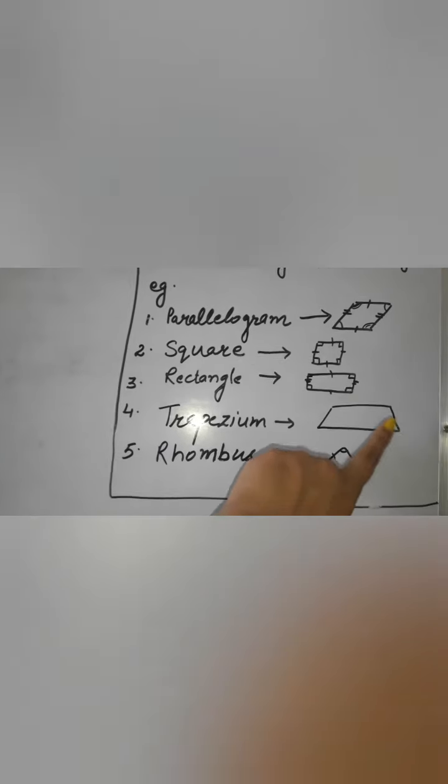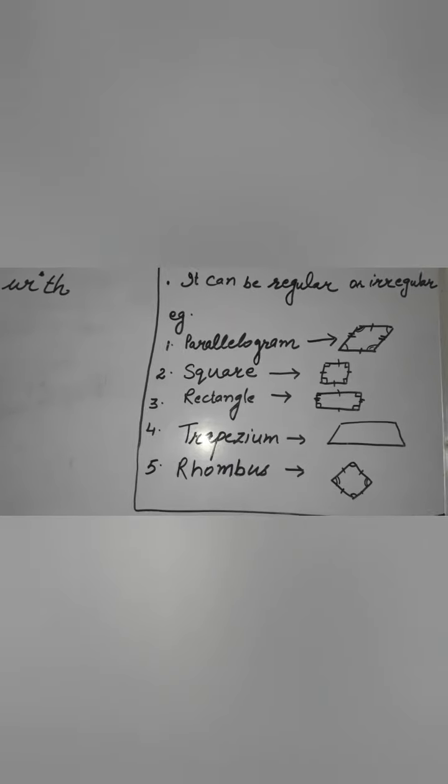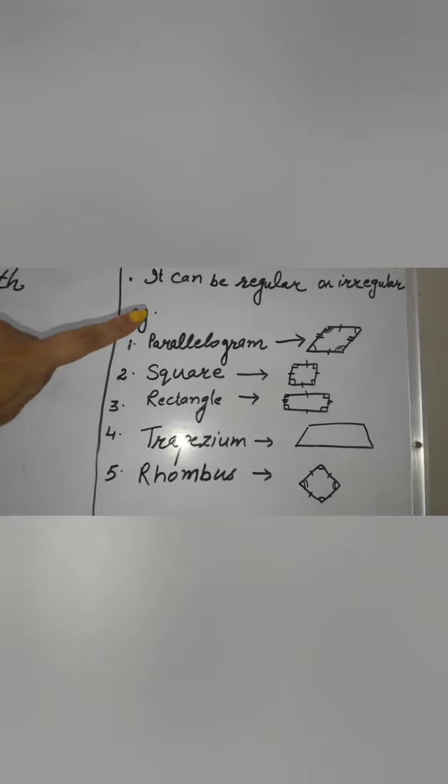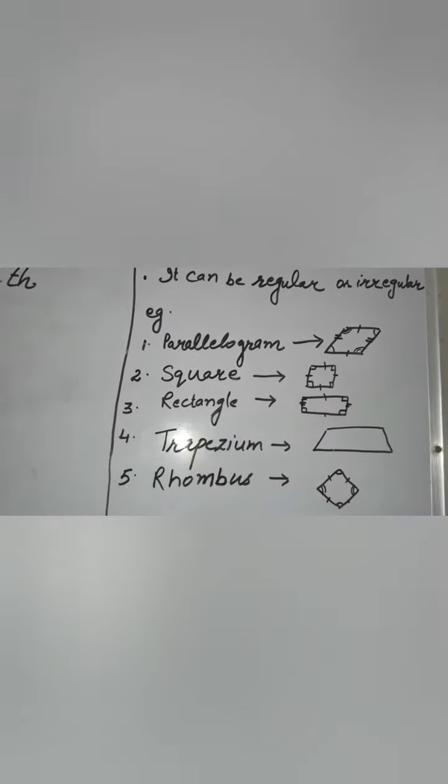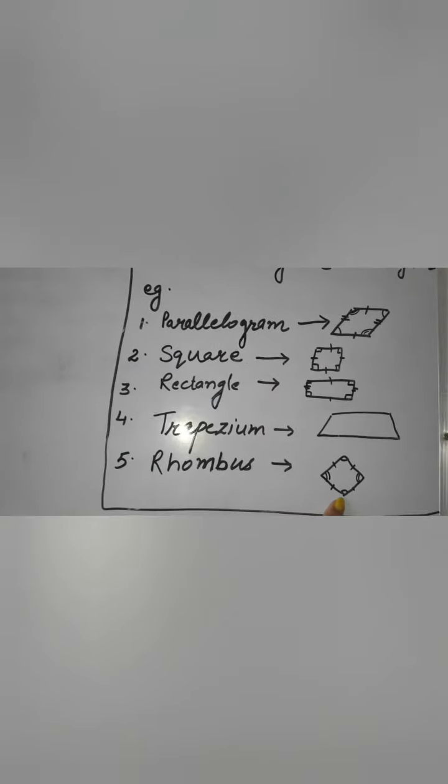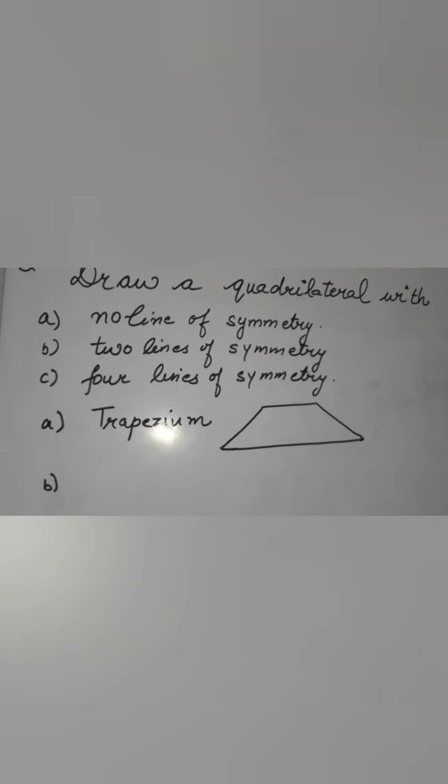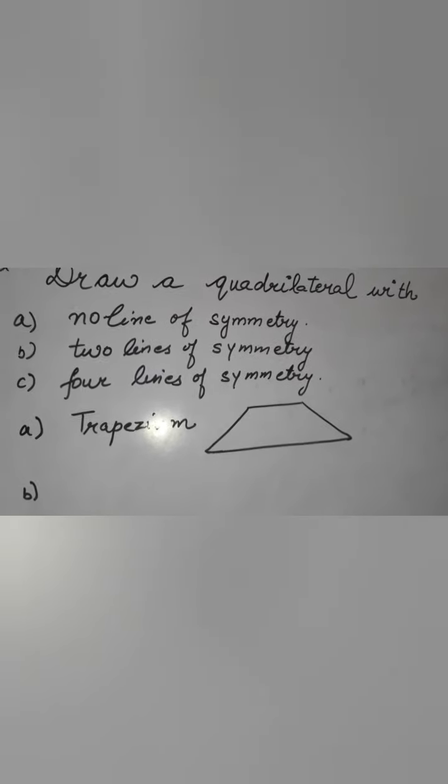Trapezium shape is like this. Now fifth one is rhombus. It seems like this, having all sides equal and opposite angles equal. And the difference between parallelogram and rhombus is that a parallelogram has opposite sides equal, while a rhombus has all sides equal.